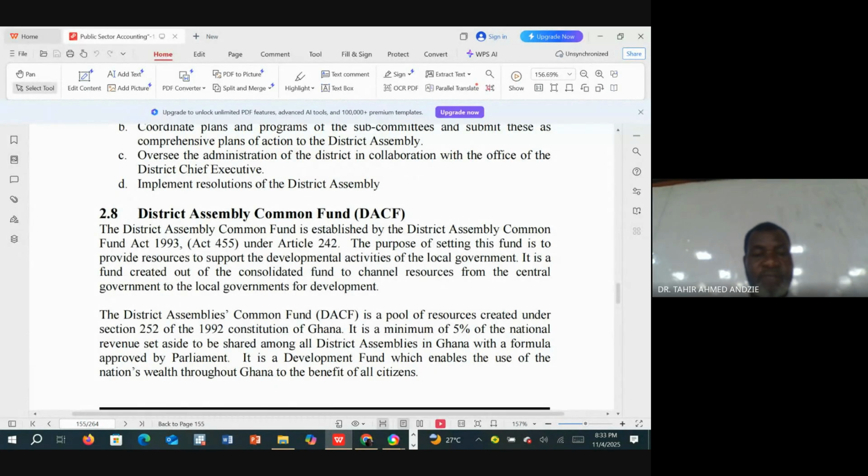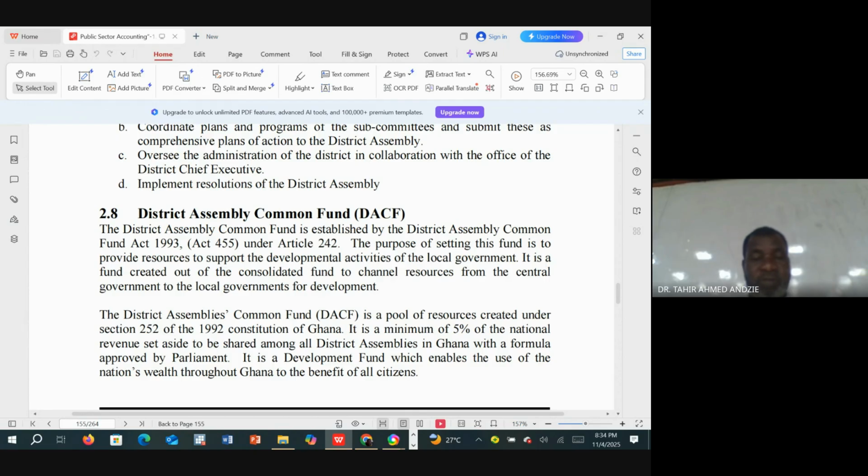It is a fund created out of the consolidated fund to channel resources from the central government to the local government for development. So it is a fund that is created purposely to provide resources to support the developmental activities of the local government. It's part of the other funds that are created from the consolidated fund for other purposes.